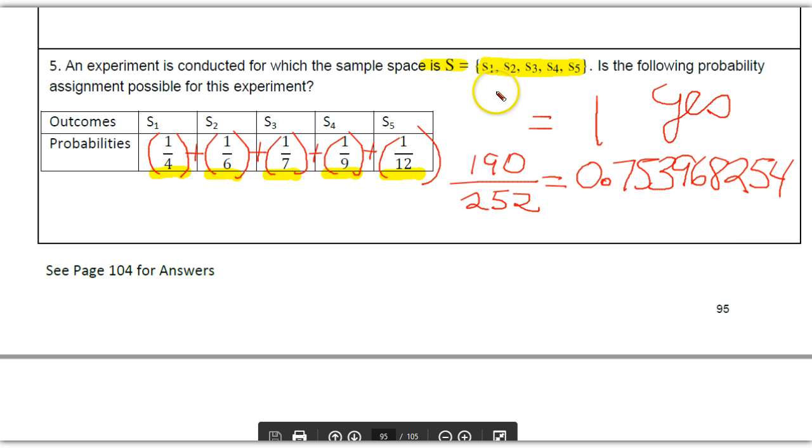But again, I'm wondering what they're shooting for here, because in a later exercise that we'll be doing, we're actually going to say if they don't equal 1, then that is not the probability assigned. If these were all of the events and they don't equal 1, then theoretically the answer would be no. But if there were some others, so this is why I'm questioning the yes for this a little bit.